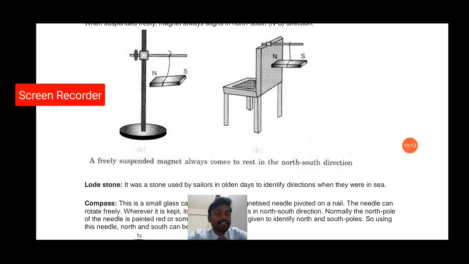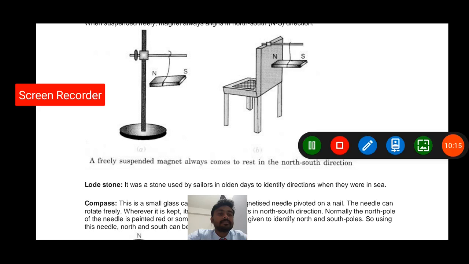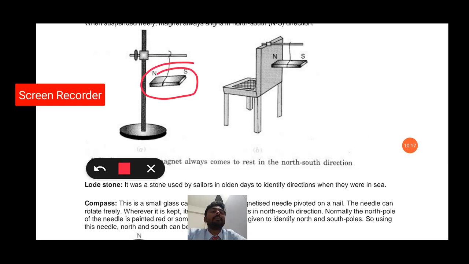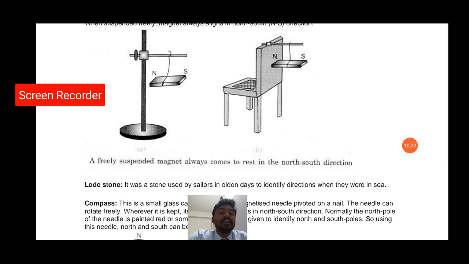We can see, this is a magnet, this is also a magnet. These are the freely suspended magnets, and they always come to rest in the north-south direction. Okay.